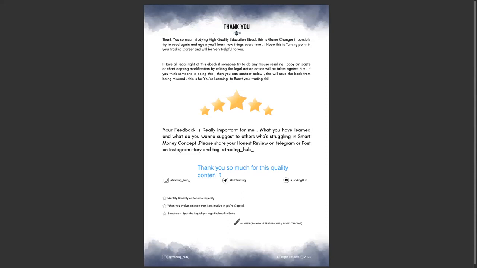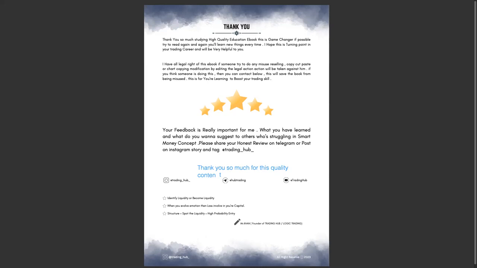There is no need to understand everything, like structure mapping, liquidity sweep, and inducement. There are a lot of topics actually, so people get confused about where they should start.